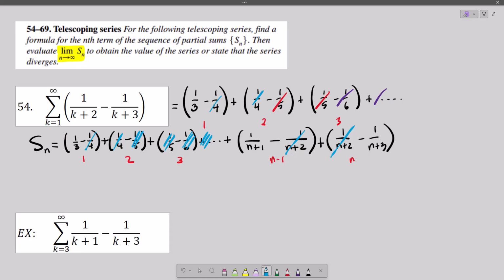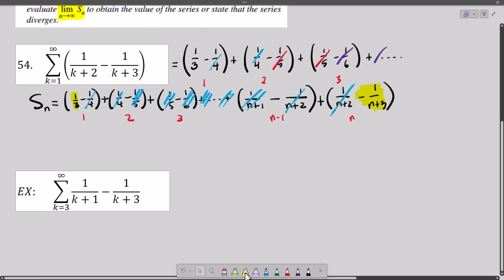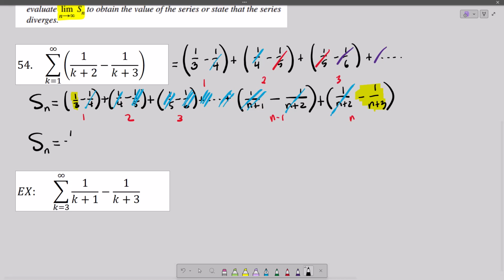So this first in this term must cancel with the second of the prior that's somewhere in those dots. So there's only 2 terms that remain. This and this. So that tells us that S sub n is 1/3 minus 1 divided by n plus 3. So this is the formula for S sub n.